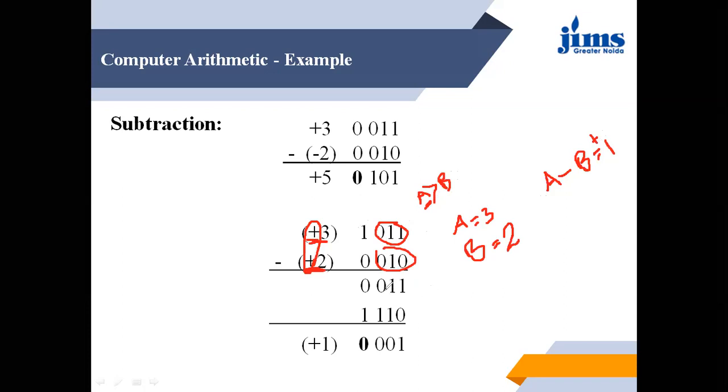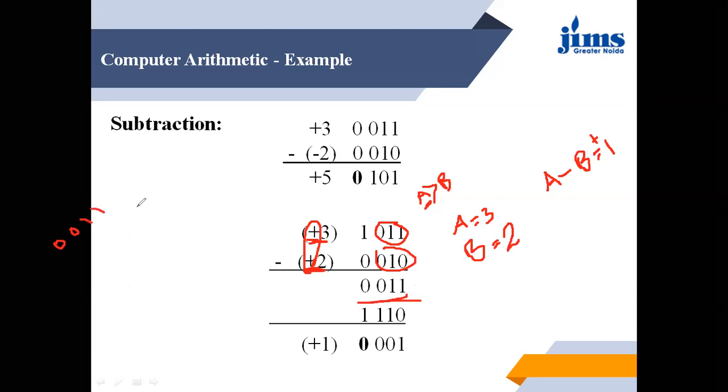You can see from here also that this is +3. So when I'm writing +3, the sign bit is 0, it represents plus, and it is equivalent to 3.